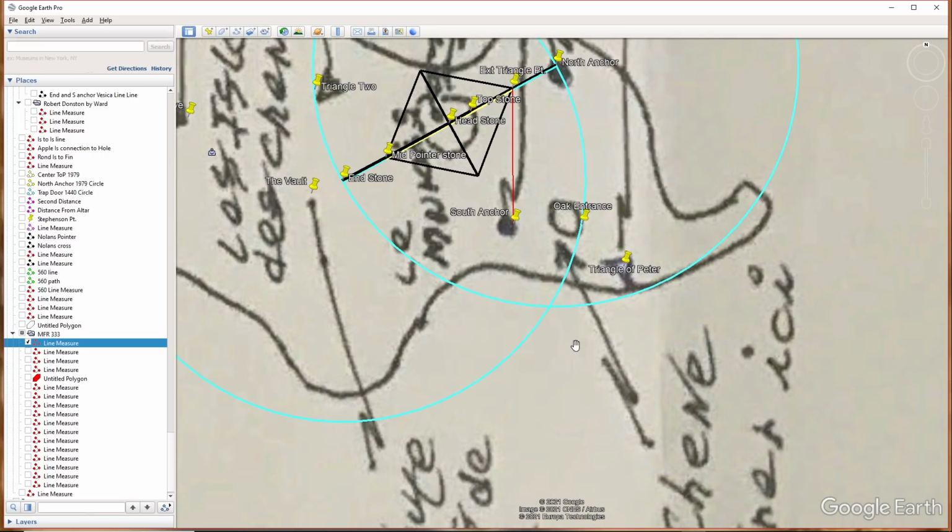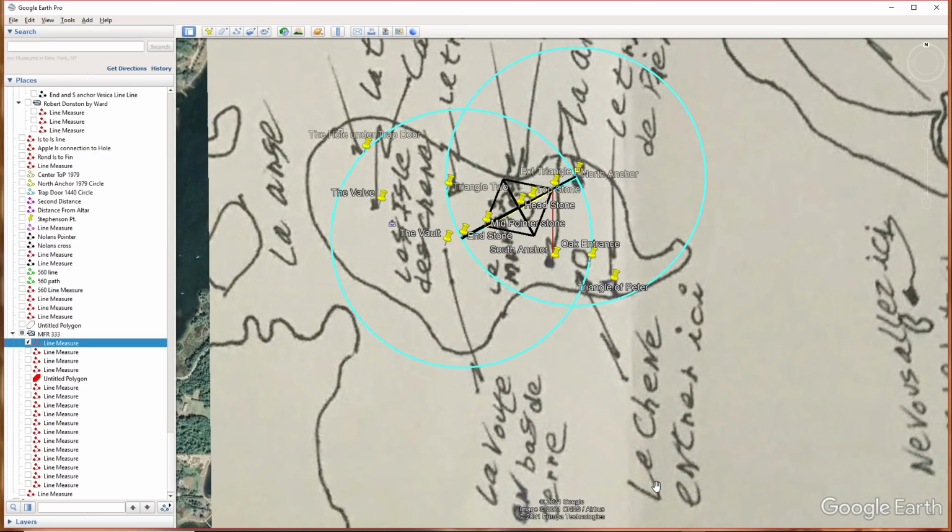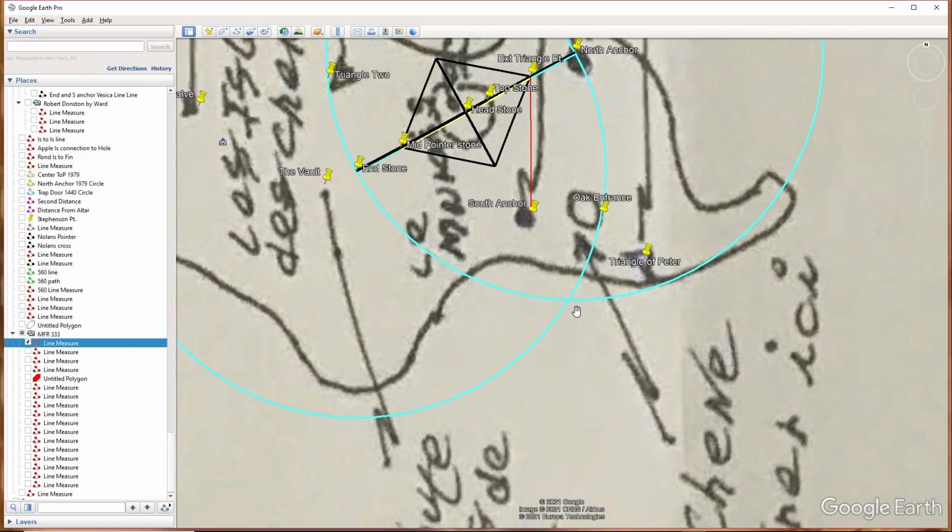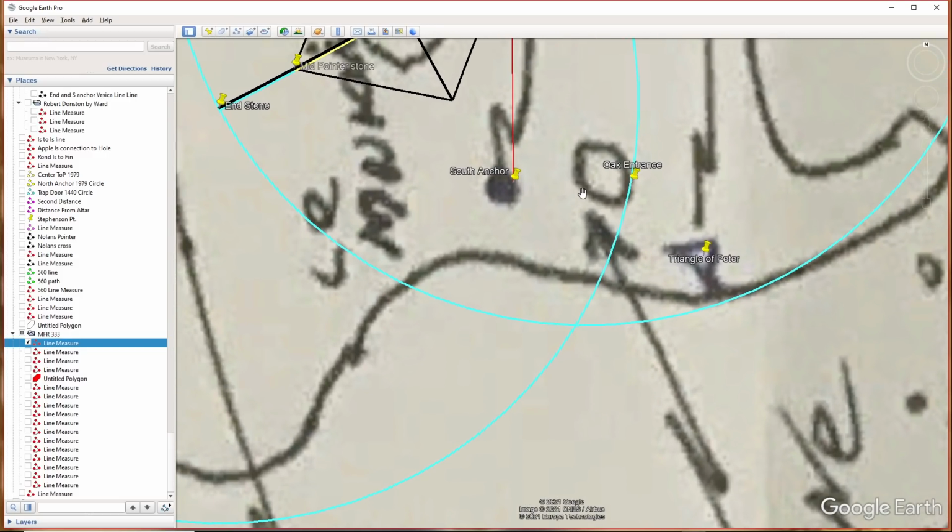Now, one thing that's different from this map and this approach is this line here, or this arrow, the arrow that says the oak, enter here. If you notice, there's this circle here, but this is pointing at what I would call a tangent. So he's representing this as a tangent point. And in geometry, a tangent is where a line intersects a circle at one point.